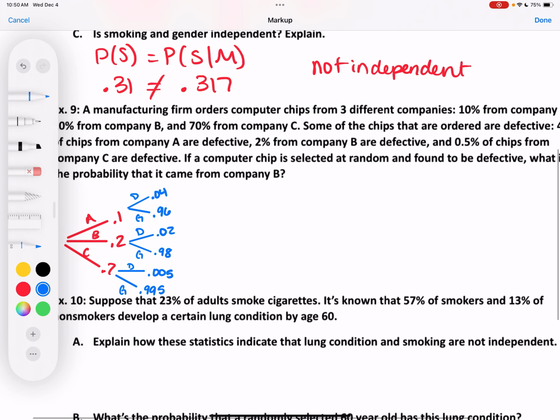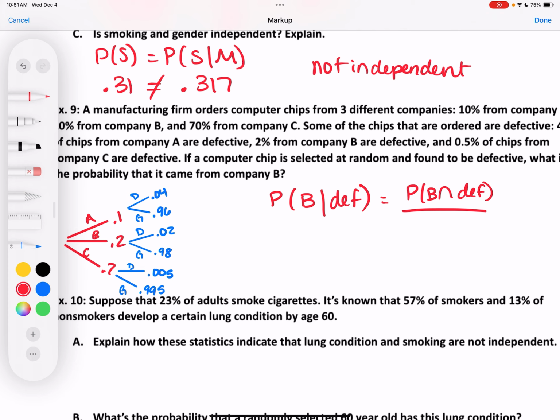So this is going to be the probability of B intersected with defective over the probability that it is defective.